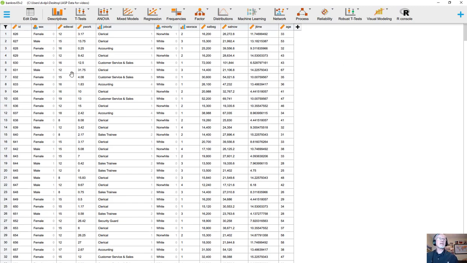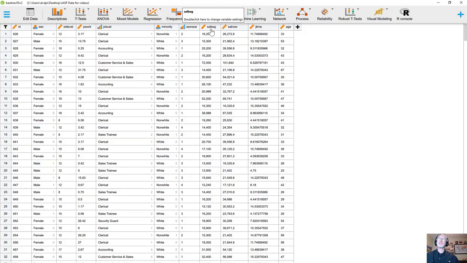In lesson 10, we learned how to document, that is, provide labels for variables like sex or gender, job category, minority status. And we looked at how when we treated beginning salary as a dependent variable for a t-test, it violated the normality assumption and it violated the homogeneity of variance assumption.